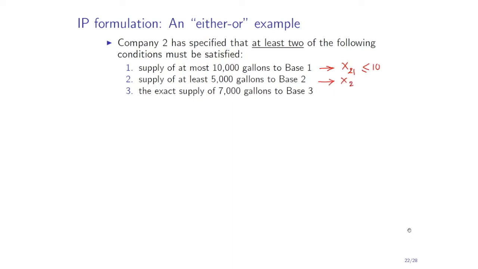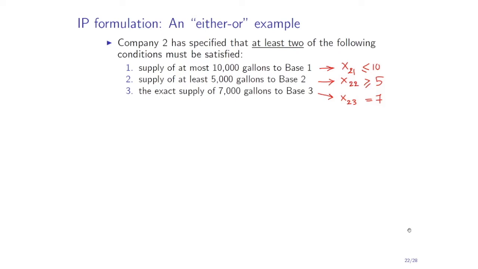From company 2 to base 2 must be greater than or equal to 5, and from company 2 to base 3 must be exactly 7. And it is not a simple switch. Now we have 3 conditions and we want to satisfy at least 2 of them.